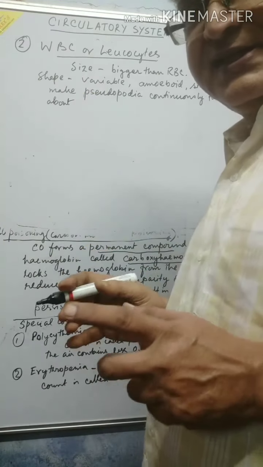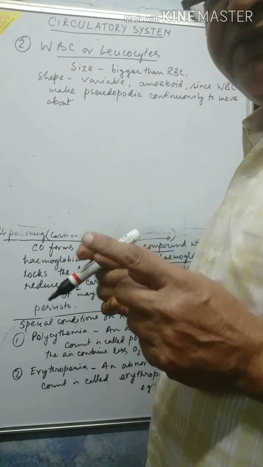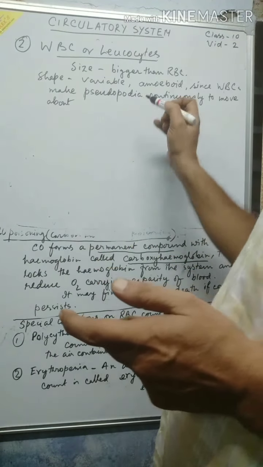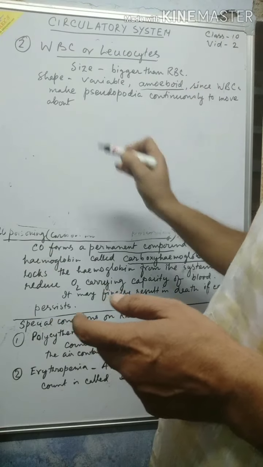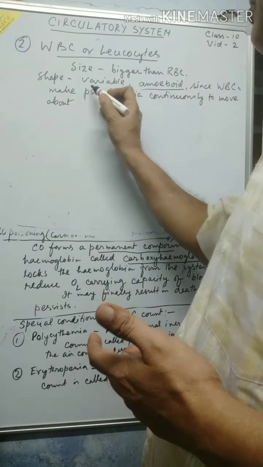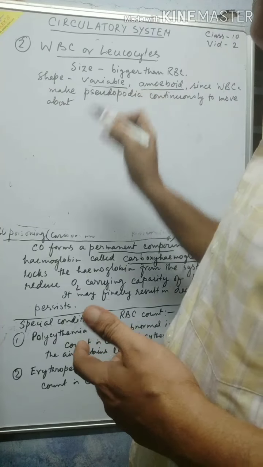Because of this pseudopodia making, which is a characteristic of the organism called amoeba, we call it amoeboid shape. Since the shape is changing due to pseudopodia, we are writing it is variable shape.